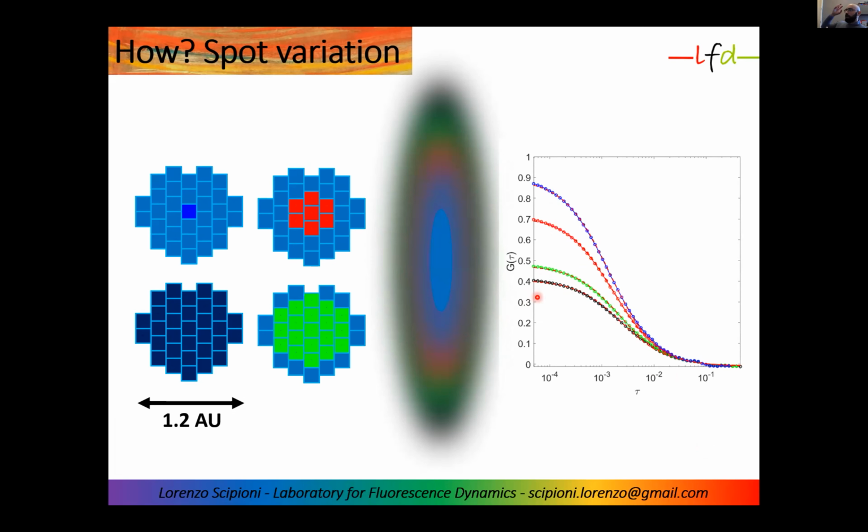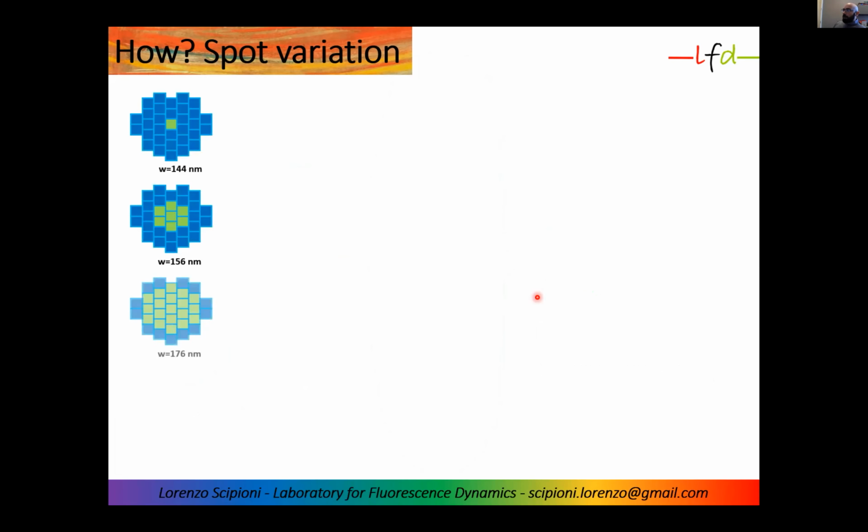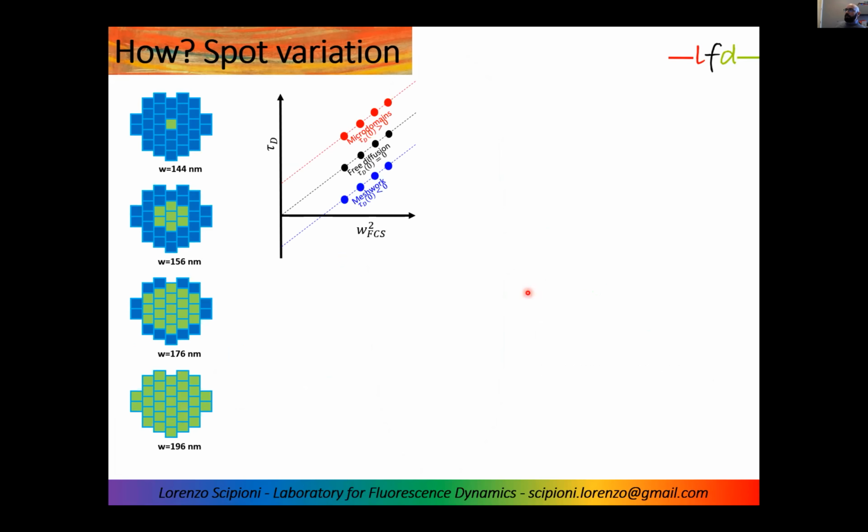So we have simultaneously 4 illumination volumes from which we can extract information about the diffusion law. These are the values of the volumes we have access to, and generally these are the 3 types of environment that can hinder the diffusion.